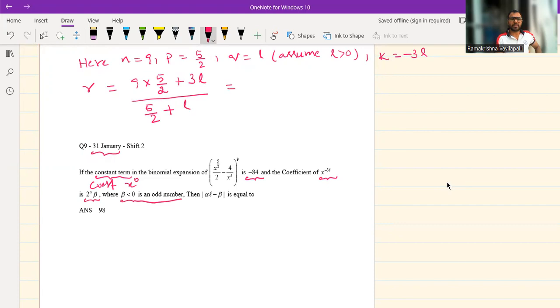So we need to simplify this. This gives us (45 plus 6L) whole by (5 plus 2L). So here R must be a natural number, right?